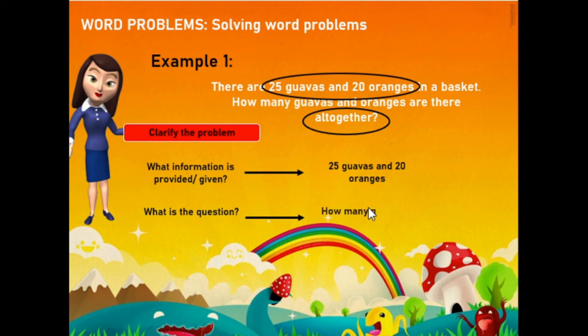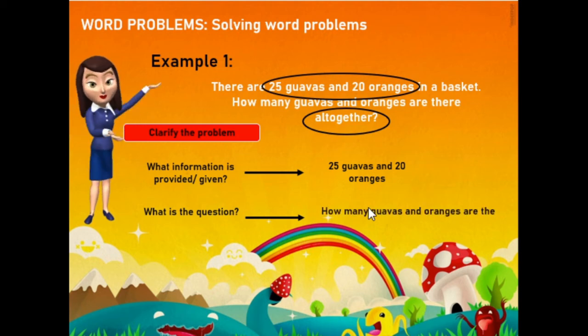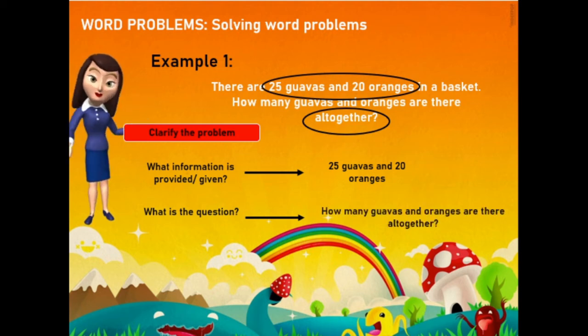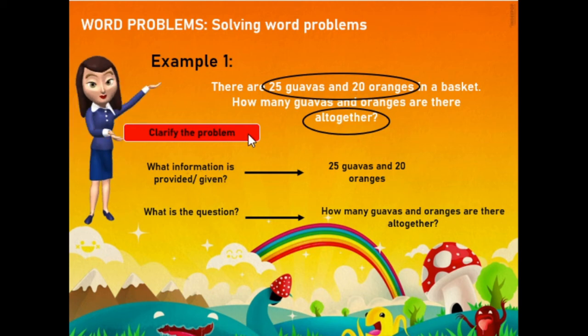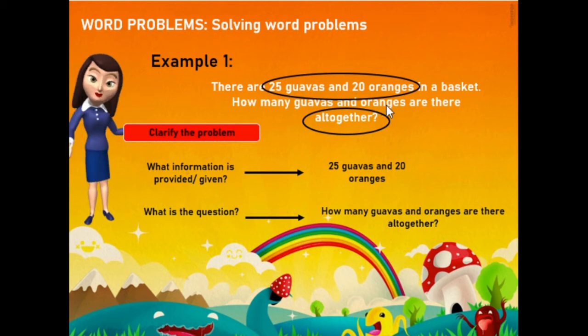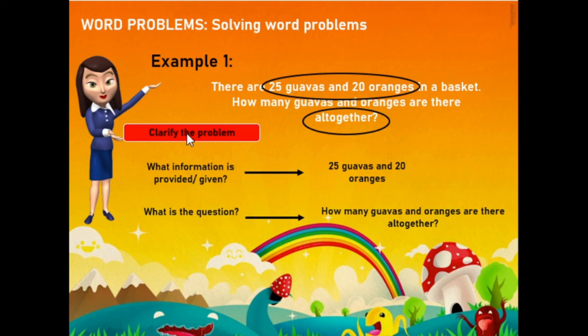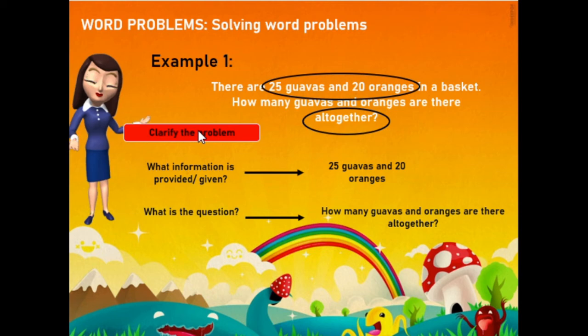How many guavas and oranges are there altogether? This stage is called clarifying the problem. You are trying to figure out the information that can be useful to solve the problem. Okay? This is clarify the problem, step 1.